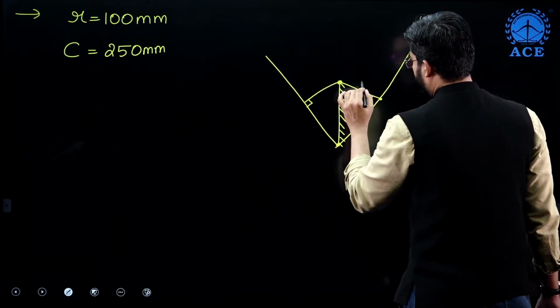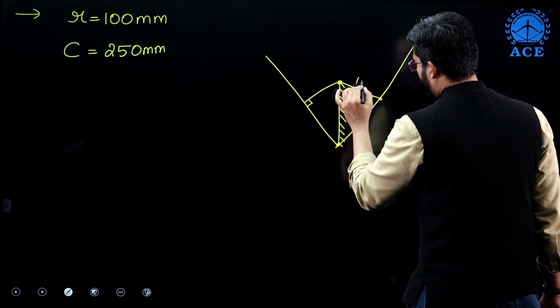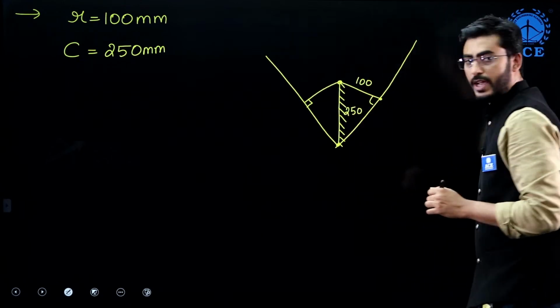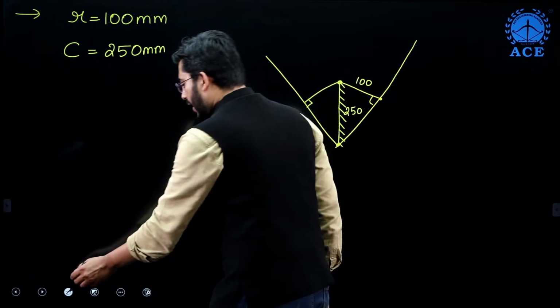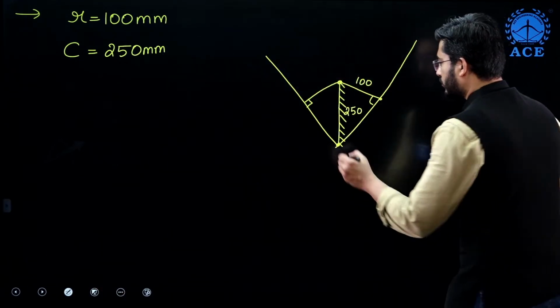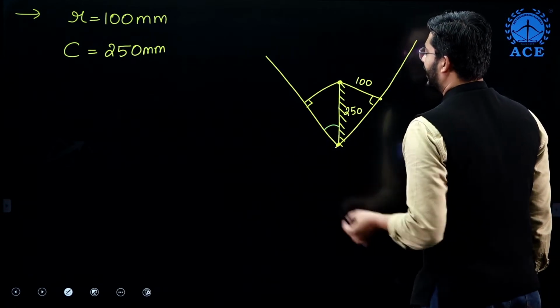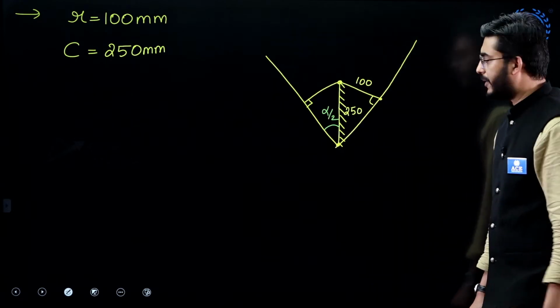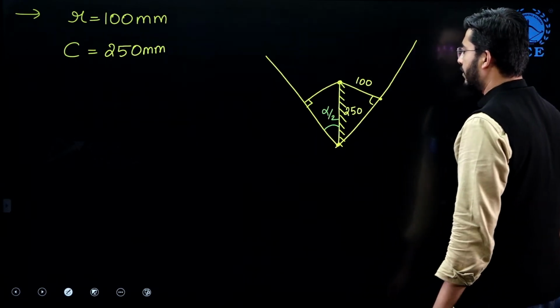The length of the crank is 100 mm and the length of the fixed link is 250 mm, and we are required to calculate the angle of the slotted bar with the vertical. So let us write this angle as alpha by 2.